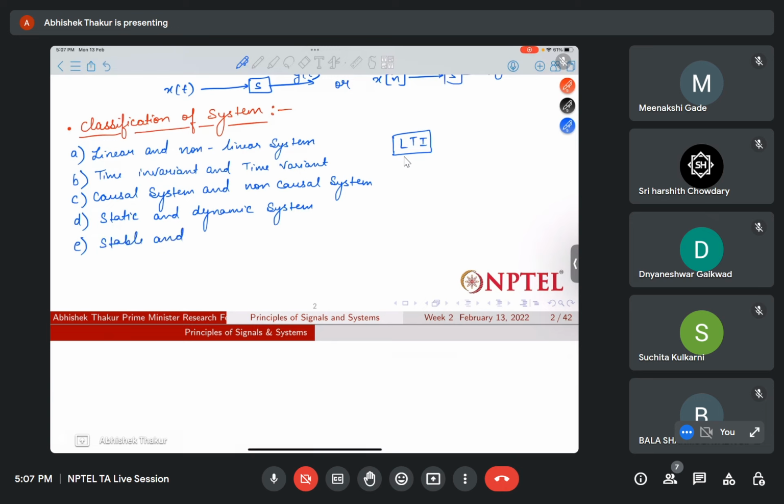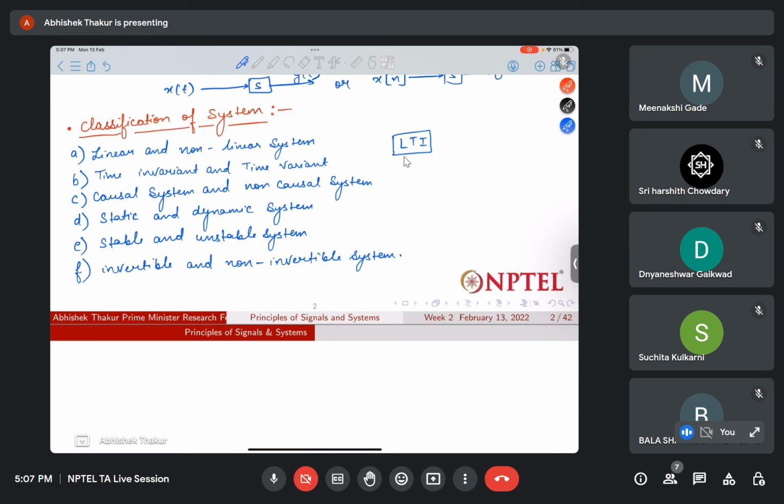Then stable and unstable systems, and one more is invertible and non-invertible systems. So the system is classified on these bases.